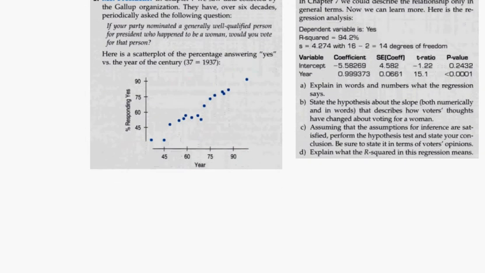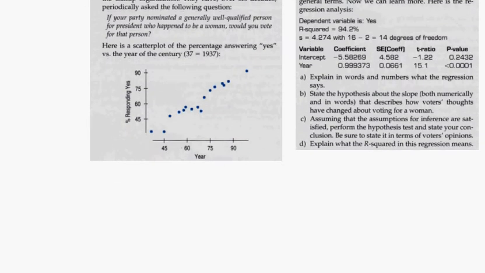So it says, explain in words and numbers what the regression says. So for number one, the regression, I think it's percent, we could say percent yes. Okay, and remember, put a hat on it. So the y-intercept, they don't say constant this time.